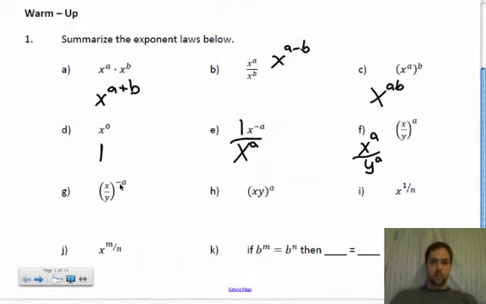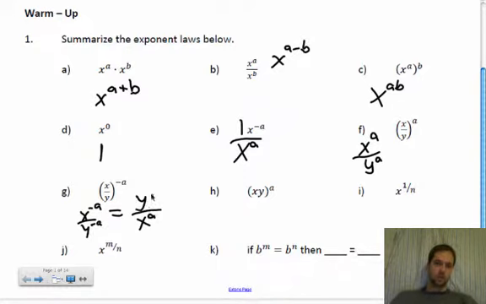x over y to the negative a. Now, you could write this as x to the minus a over y to the minus a, but I don't like these negatives. So when we have a negative in an exponent, we flip it to the opposite side. So we can put the x to the a in the denominator, and the y has a negative as well, so if we flip it, then it can get a positive exponent as well.